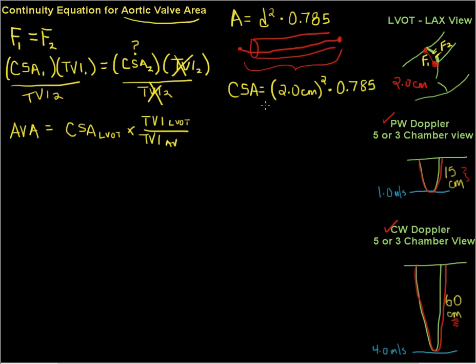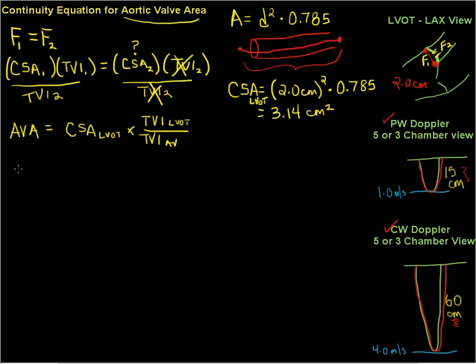That gives us 3.14 centimeters squared. So now we've got our cross-sectional area of the LVOT, and we've got our time velocity integral of the LVOT and our time velocity integral through the aortic valve. We've got everything that we need.